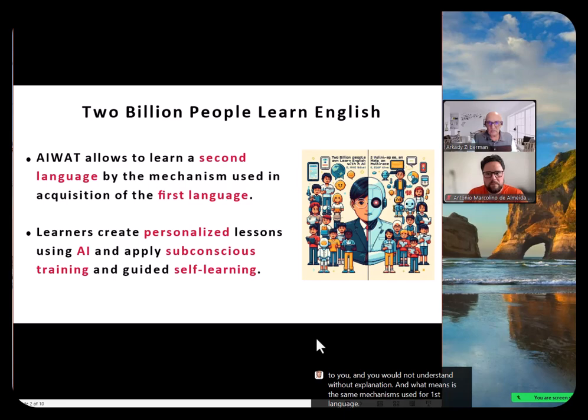All children acquire their native language subconsciously. And adults, that mistake was made 200 years ago, decided that language is a topic like any other topic in school and it could be learned consciously. It's a huge mistake.